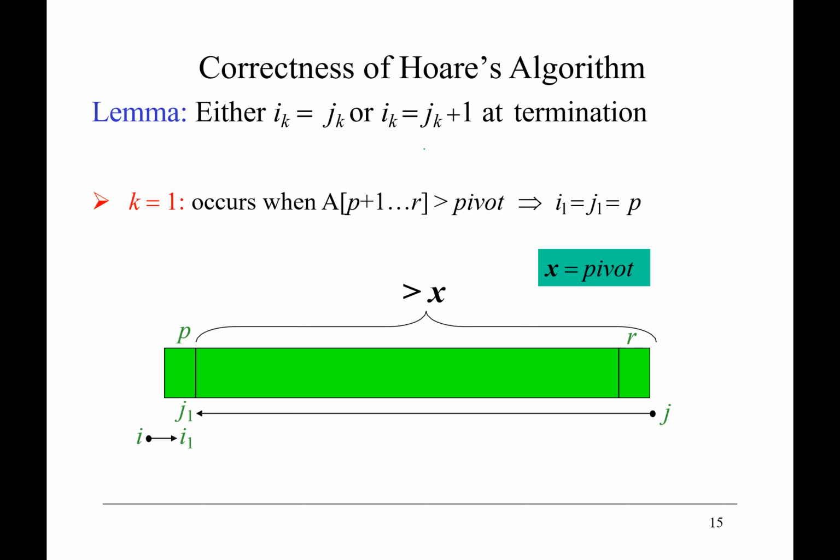So we check when k equals 1, which corresponds to the last loop, and only one big outer loop has happened. And k equal to 1 occurs when A[p+1] through A[r] are all larger than the pivot. So all the values after the first element are greater than P.